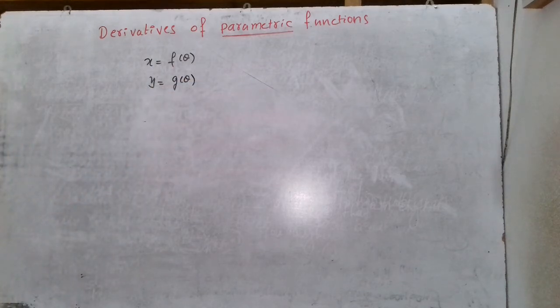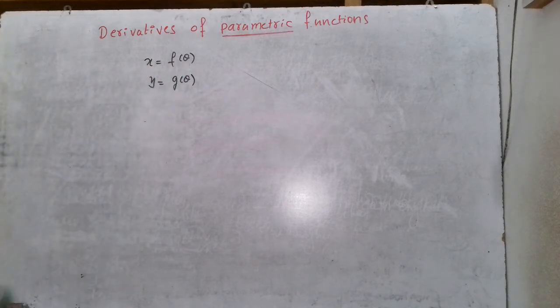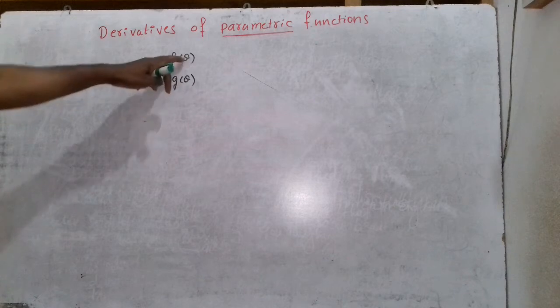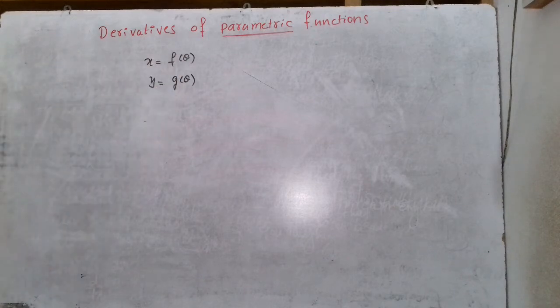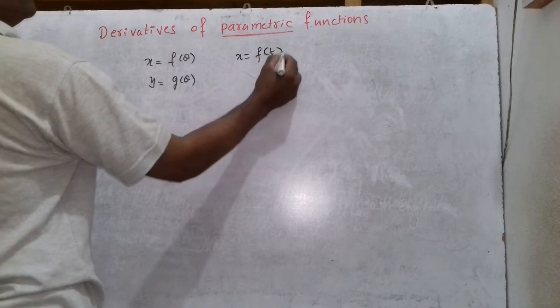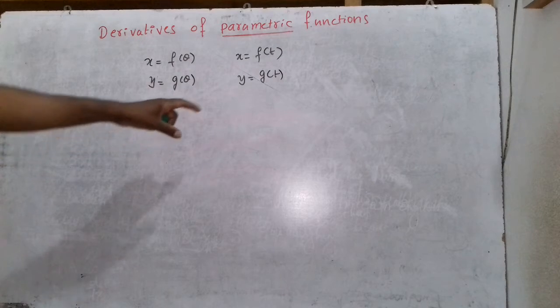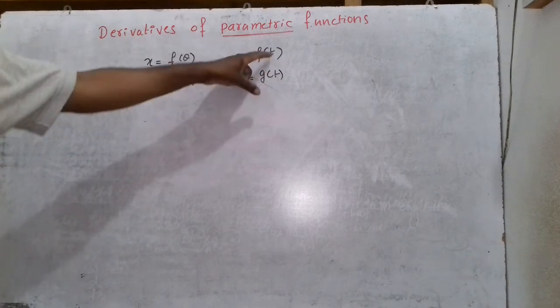Observe here, x equal to f of theta, y equal to g of theta. Here the common parameter is theta. If we take x equal to f of t, y equal to g of t, here the common parameter is t.